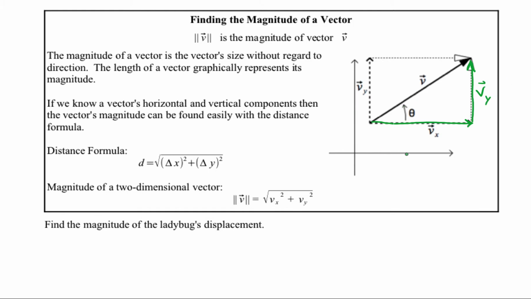If we write the Pythagorean theorem here, the magnitude of V squared, so the square of the vector's magnitude, is equal to the sum of these squares.